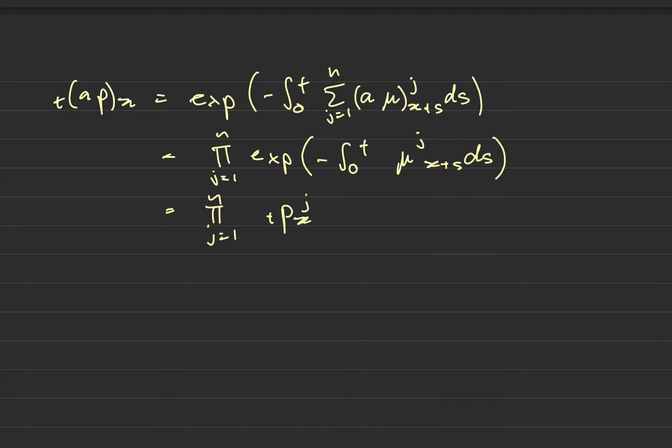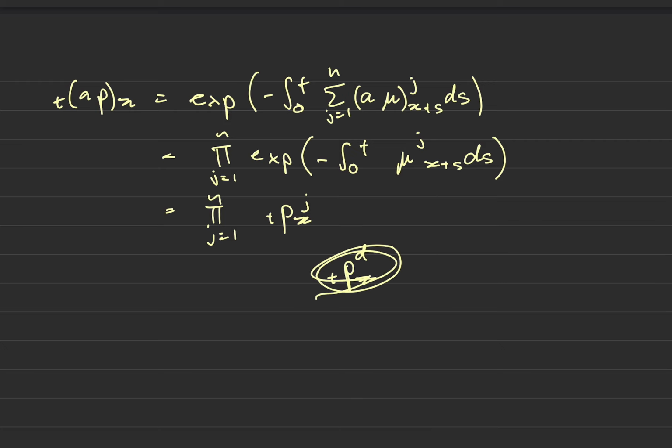Okay, so now the probability of staying in the active state from age x to age x plus t is the product of all the independent probabilities of not leaving. In other words, this is TPX, let's say d, where the decrement is of death.